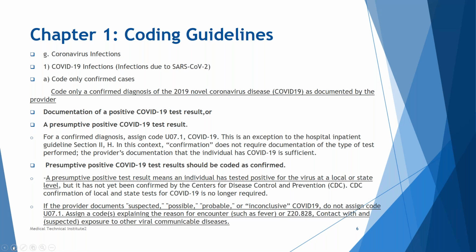Assign a code explaining the reason for the encounter. So if the person came in for fever or shortness of breath, then we would document and code fever and shortness of breath. Or if they had contact with someone or expected exposure to someone who may have had COVID, we would use Z20.828.